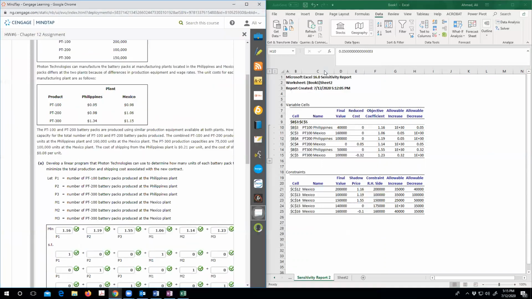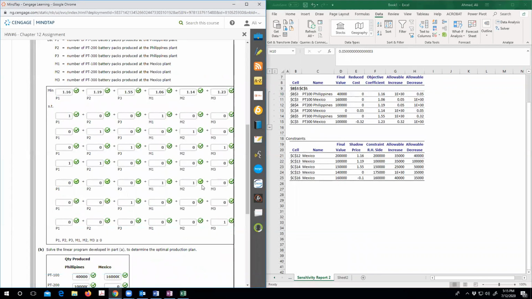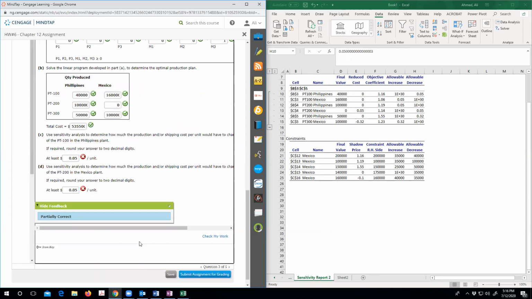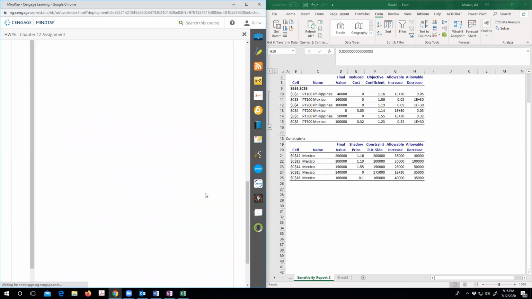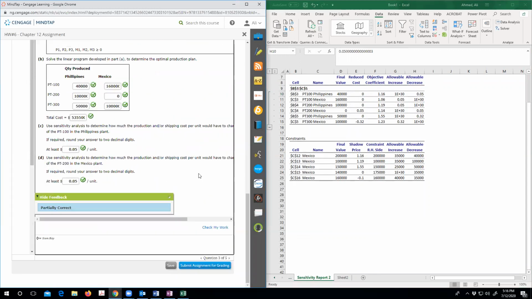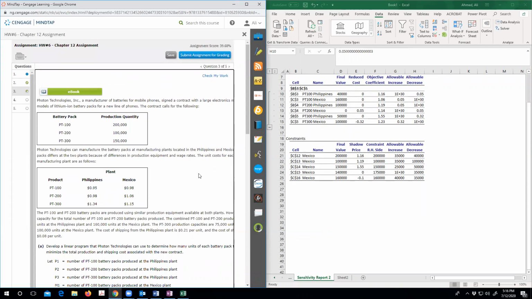So this comes out PT200. Oh, PT200 Mexico is also 0.05. So I'll put here 0.05. So this is all done for question 3, I think.